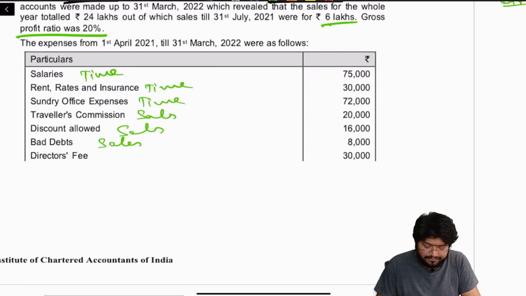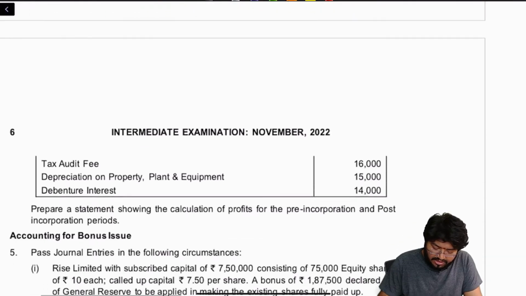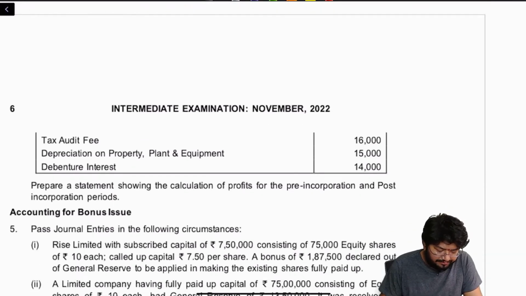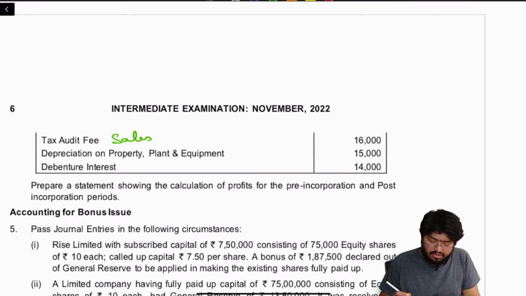Director's fees, post, very good. Next, tax audit fees, sales ratio, very good. Now, if he gives you statutory audit fees, what will you do? Post. Okay. Depreciation, time ratio.